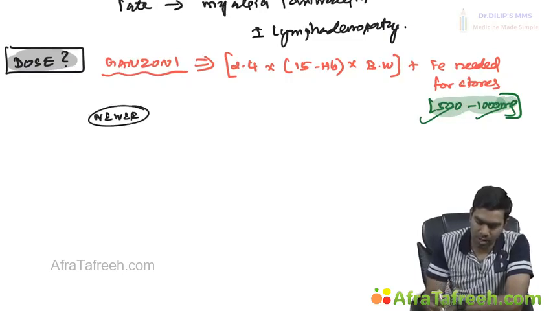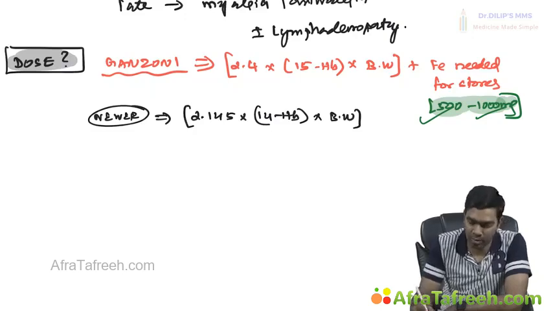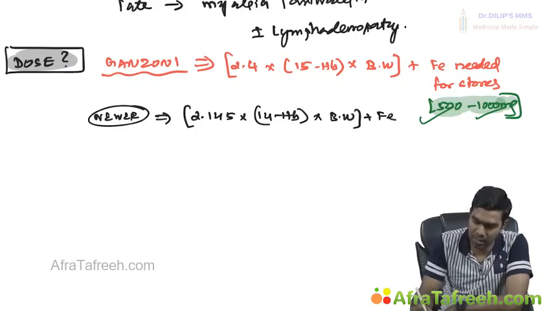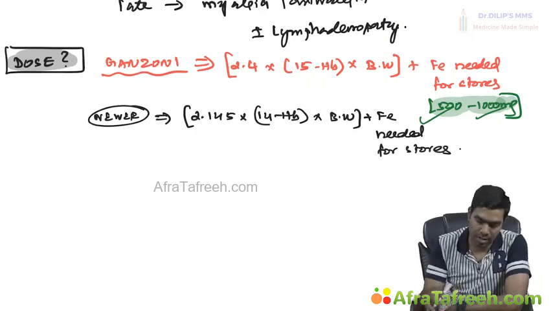The newer, more accurate formula is 2.145 multiplied by (14 minus hemoglobin) multiplied by actual body weight, not the ideal body weight, actual body weight, plus iron needed for stores. Iron needed for stores in milligram. So these are the newer formulas.